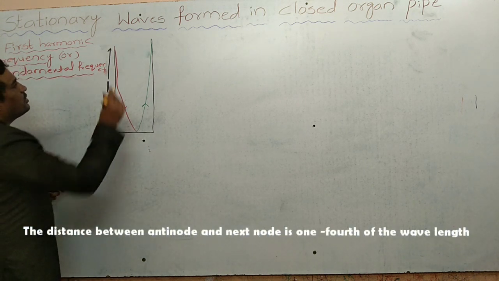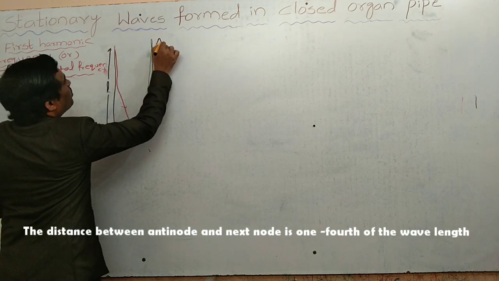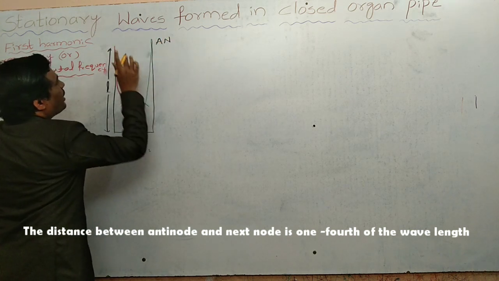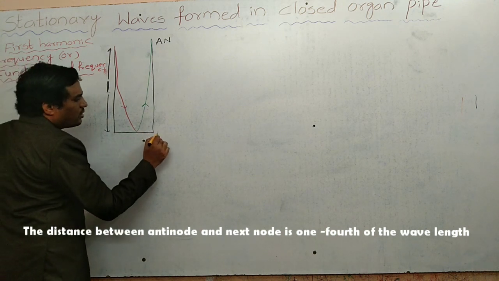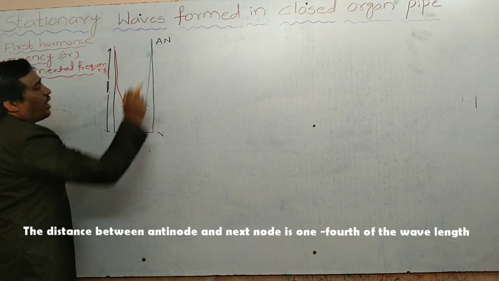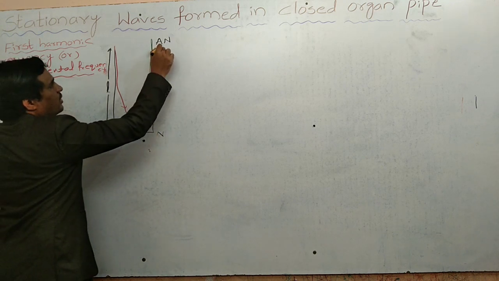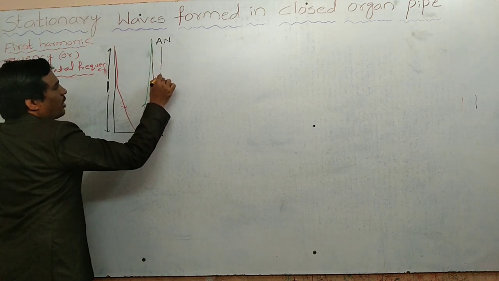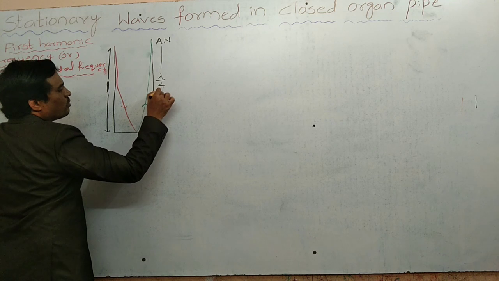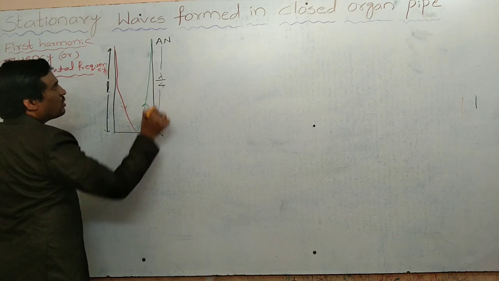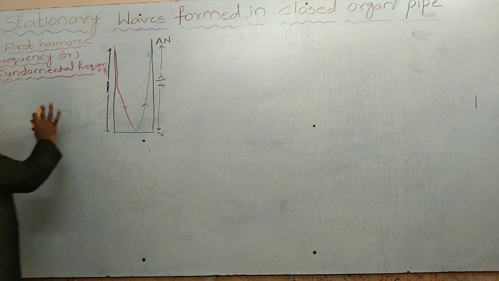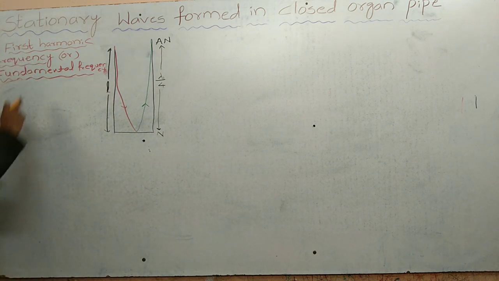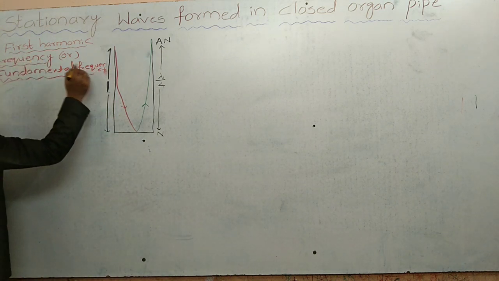So this position is called an antinode, the maximum amplitude position, and this is the minimum amplitude position, which is called a node. Antinode to node distance is lambda by 4. Here it is suffix 1 because it is the first harmonic frequency or fundamental frequency.